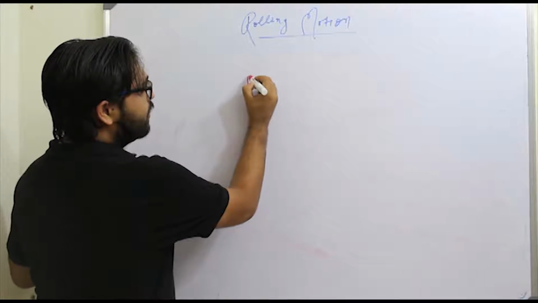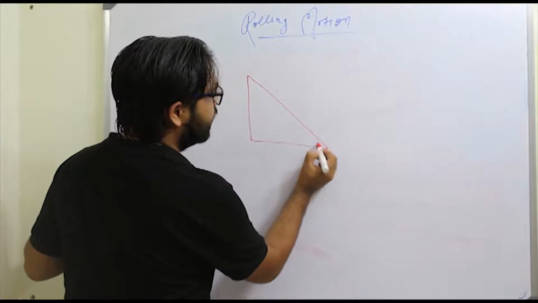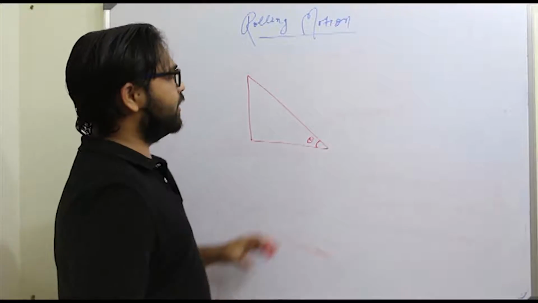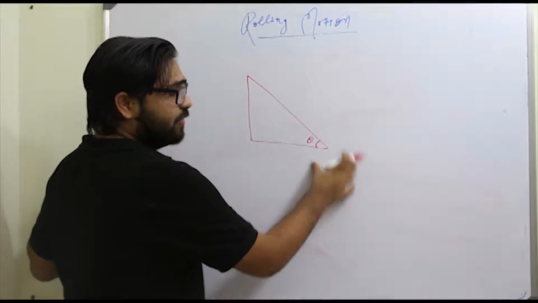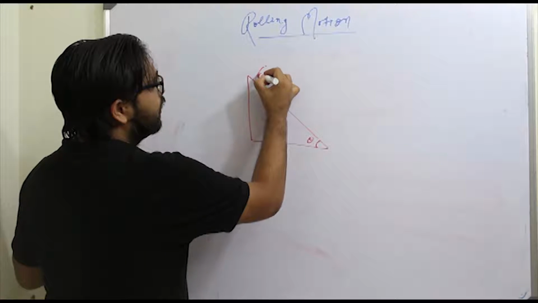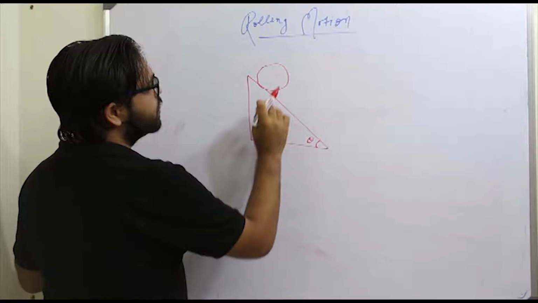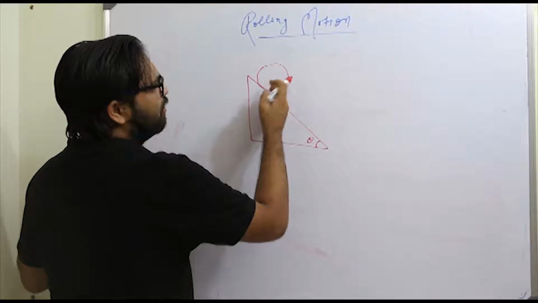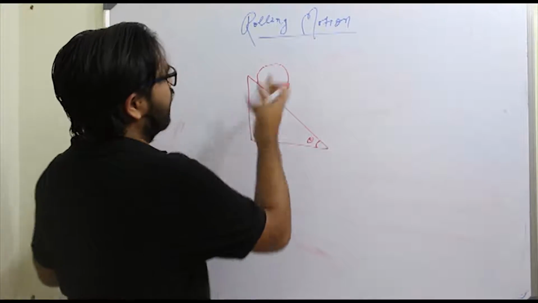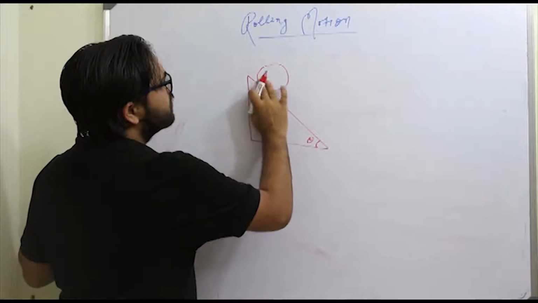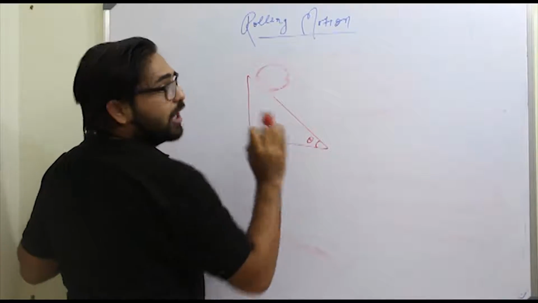So this is an inclined plane in front of me. Let's say it is inclined with an inclination theta. I'm just taking everything in terms of variables. Then let's say this is some object which is rolling here. Okay, I'll draw it nicely. So give me a moment.